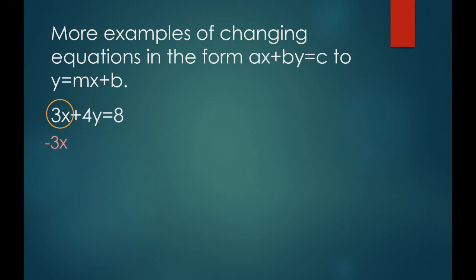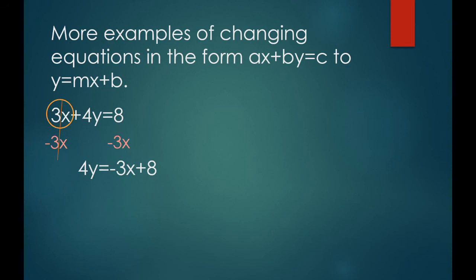So, we added negative 3x. Negative 3x plus 3x equals 0. So, what remained in the left part of the equation is 4y. Yun lang ang natira. And sa right side, naging negative 3x plus 8.